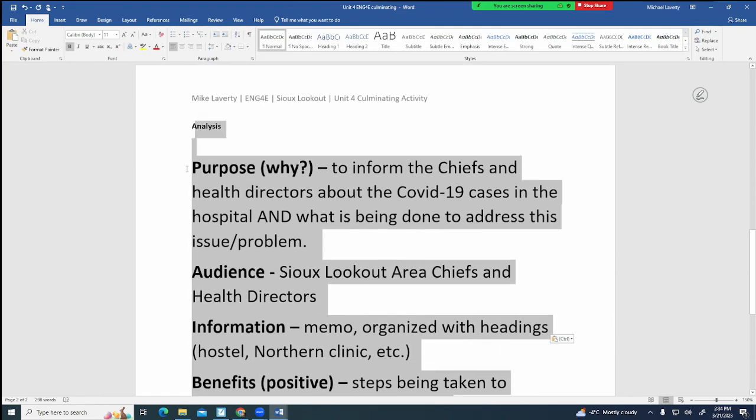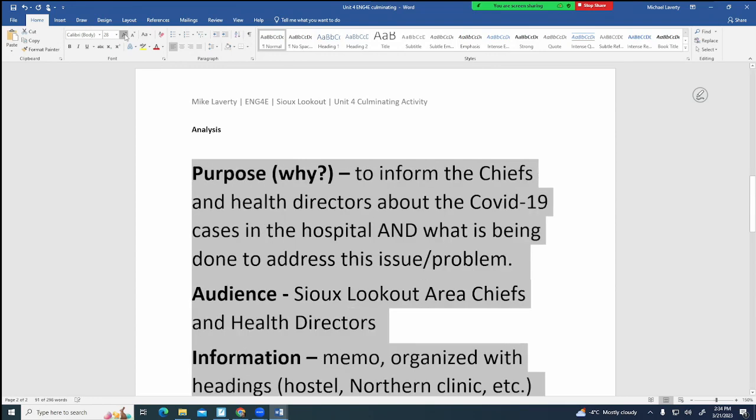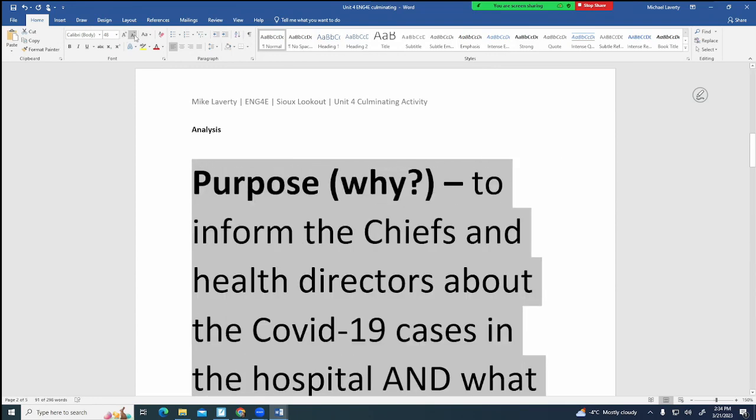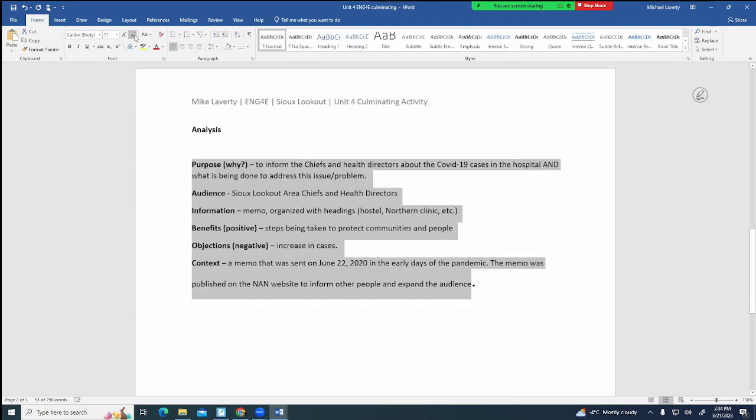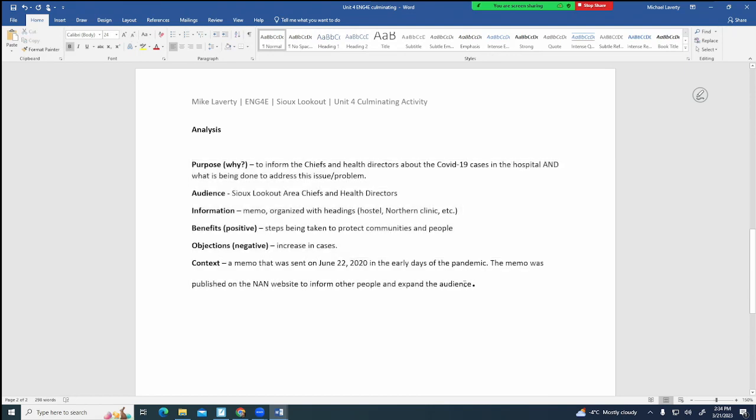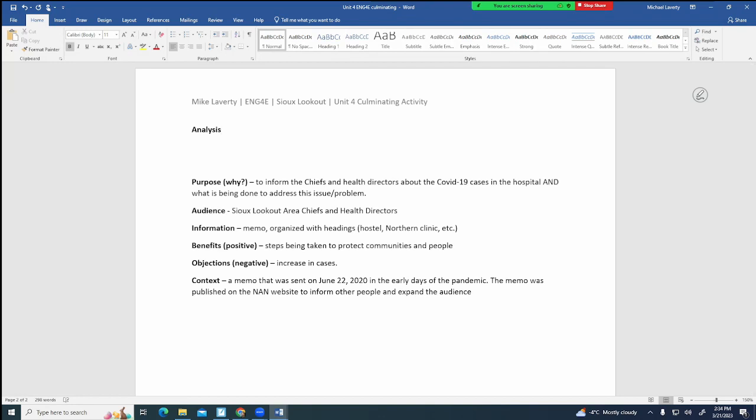Let's shrink that font down. And again, these are my notes to myself, right? So it's kind of like a two-step process. I wouldn't actually keep this; I would erase it before it's time to hand it in.